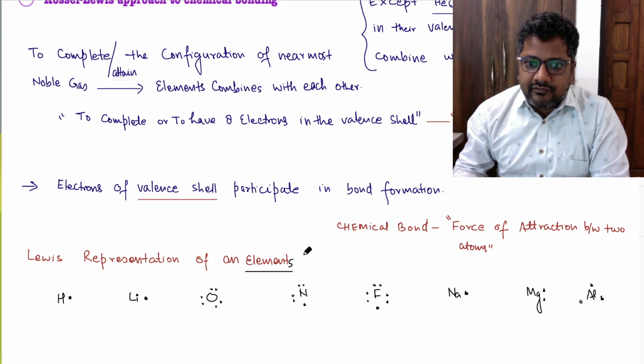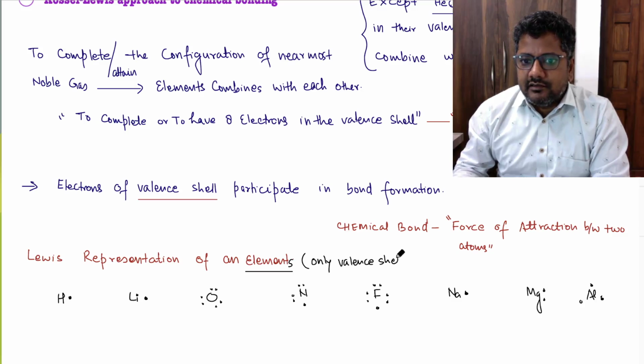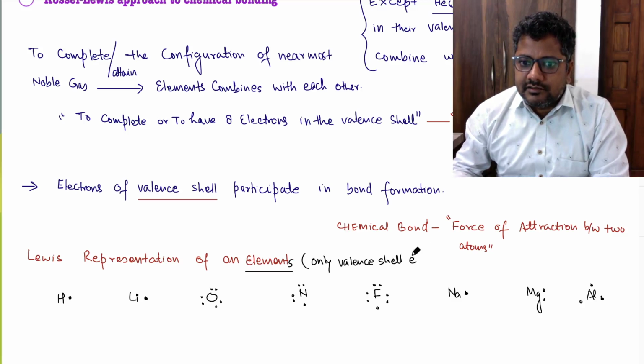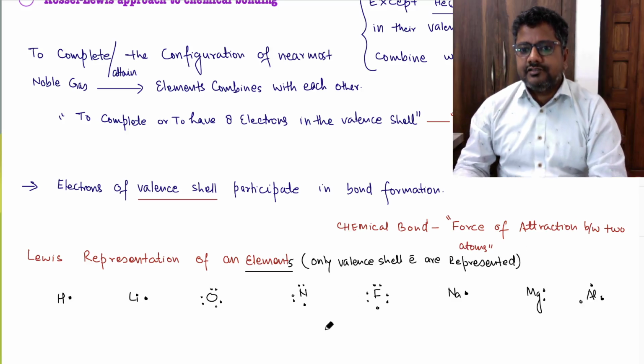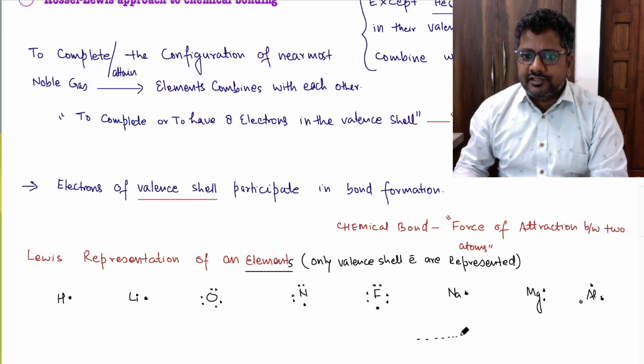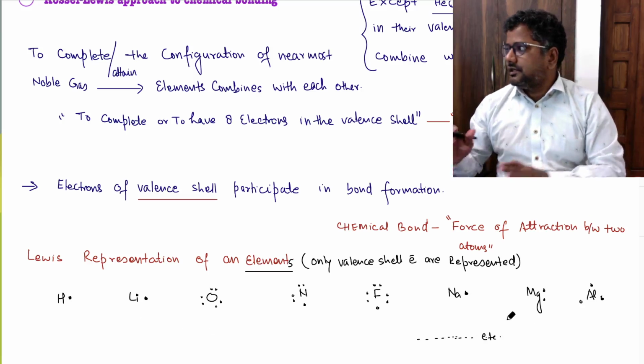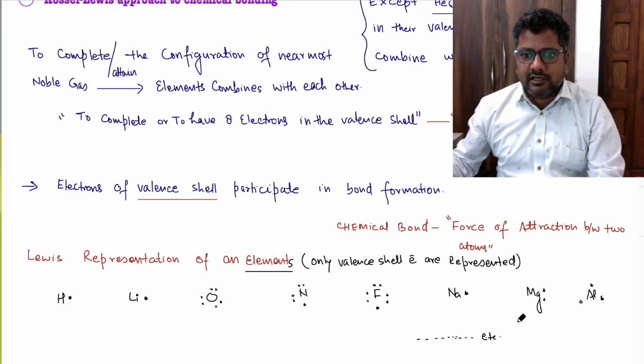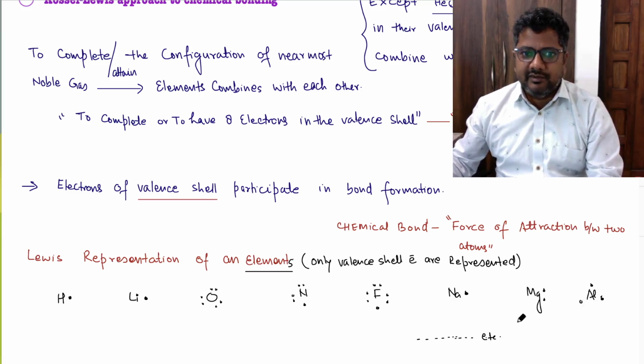Here only valence shell electrons are represented. Similarly, you may represent many more examples. So this is the Kossel and Lewis representation of elements, right?